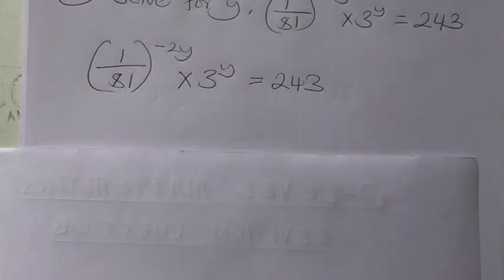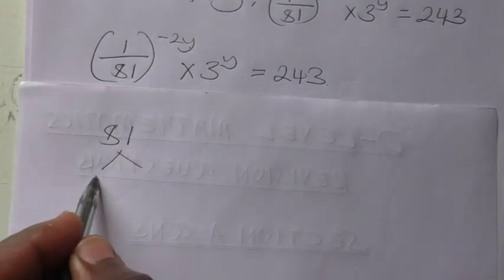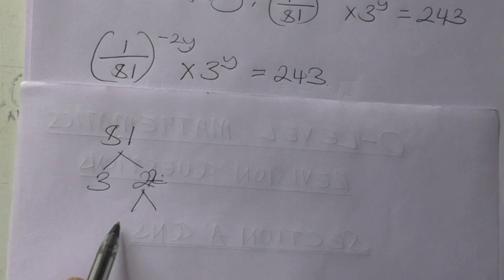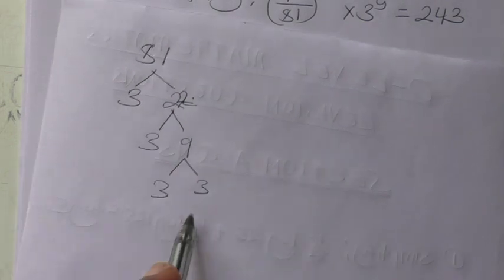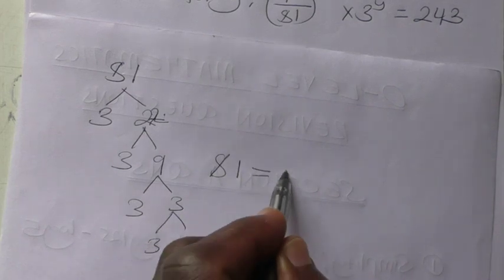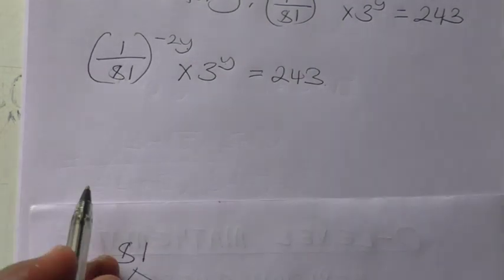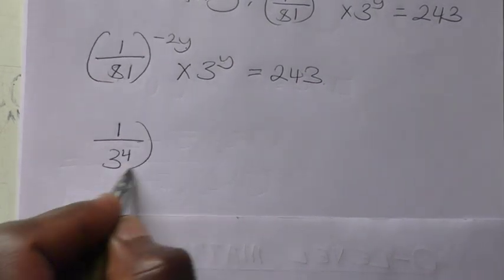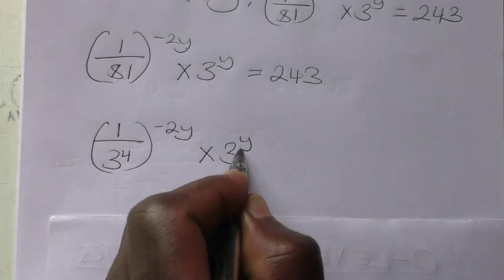That is, we prime factorize 81. 81 divided by 3 is 27. Then still by 3 is 9, by 3, 3, by 3, 1, meaning that 81 equals 3 power 4. So where we have 81, we shall write 3 power 4. So that is 1 over 3 power 4, power negative 2y, times 3 power y.